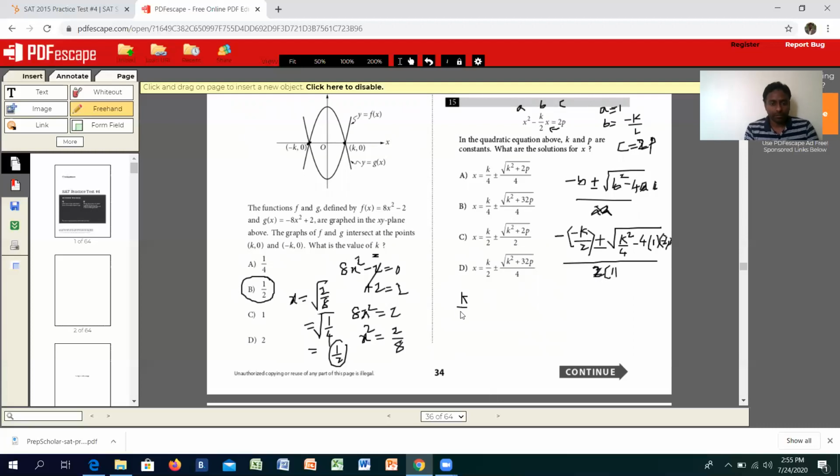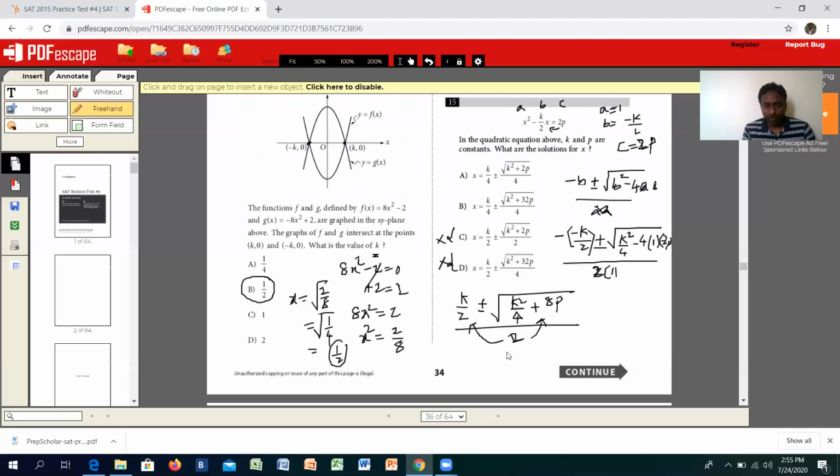So it is k by 2, negative negative, plus or minus under root of k squared by 4 plus 4 times 2, which is 8p, divided by 2. So by here itself, you can easily rule out what would be your solution. These two definitely will not be your answers, because check here, it is k by 2, whereas the denominator 2 is common to both numerator terms, the one with radical and without radical.